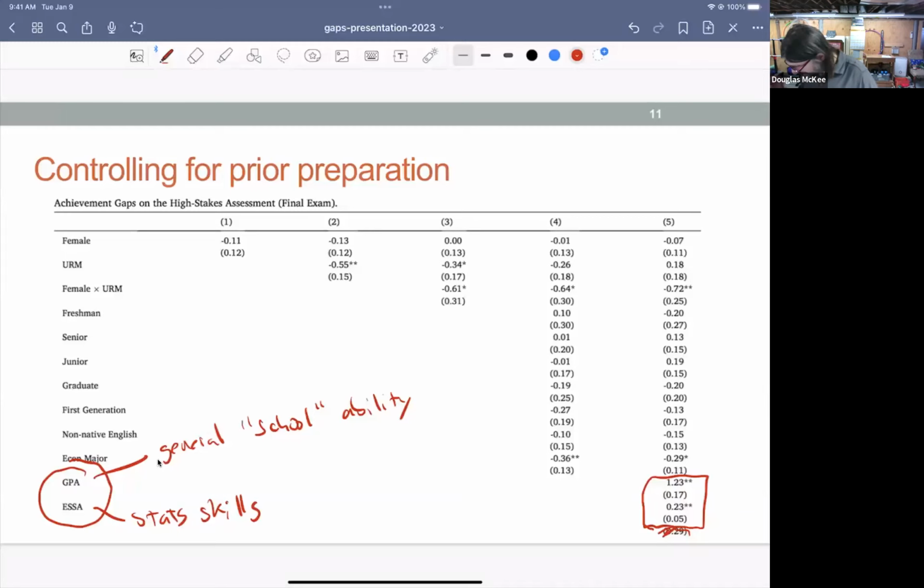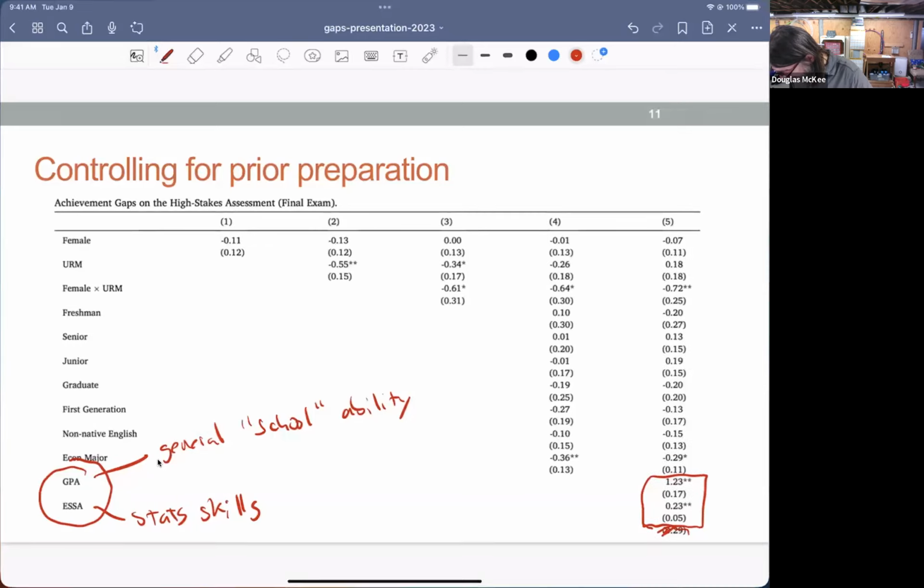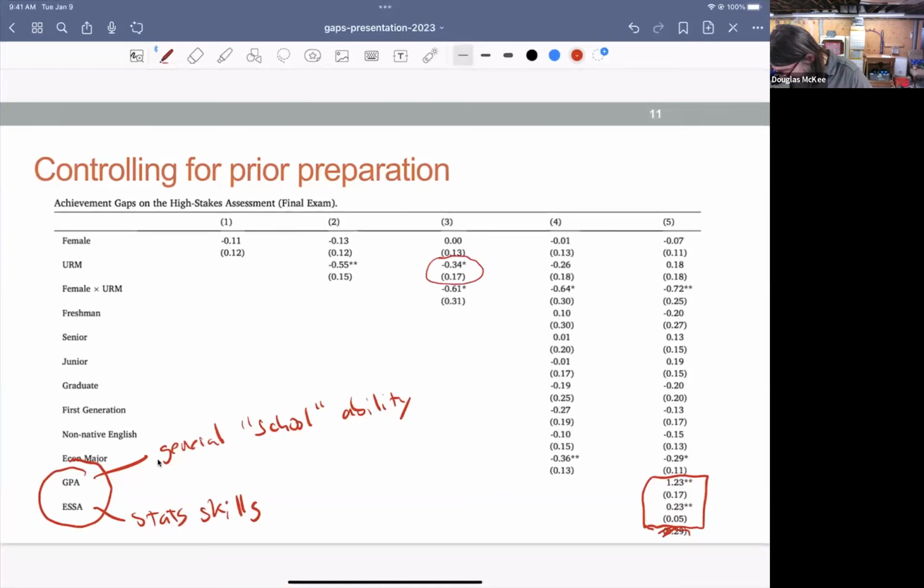So, but for this paper, the more interesting piece is over here, which is what happens to the male URM gap and what happens to the female URM gap. And so we go from a negative precisely estimated gap.